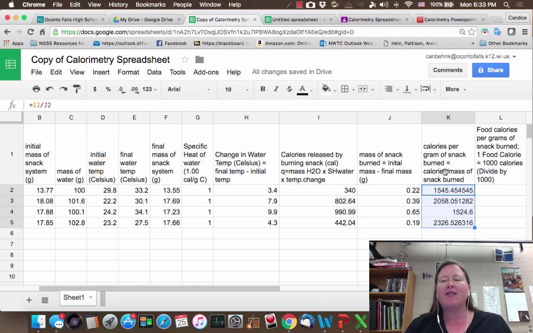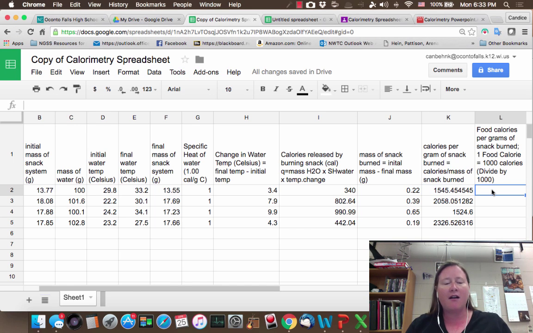Now when you think about this, 1,500 calories per gram of snack burned, that's an insane number of calories. But I want to remind you that these are not food calories that we're talking about. One food calorie is 1,000 calories. So if we want to compare this to food calories, if we take what's in this cell and divide it by 1,000, it'll give us food calories.